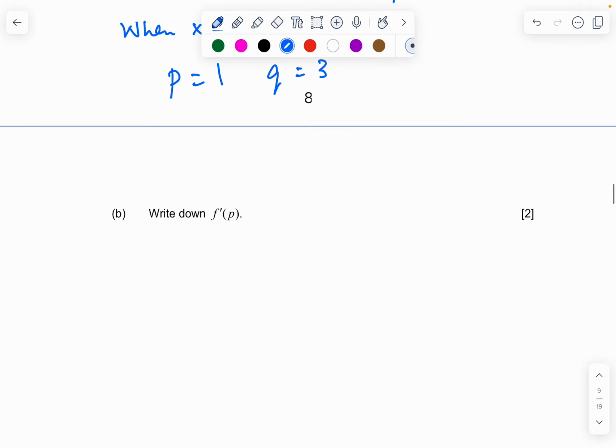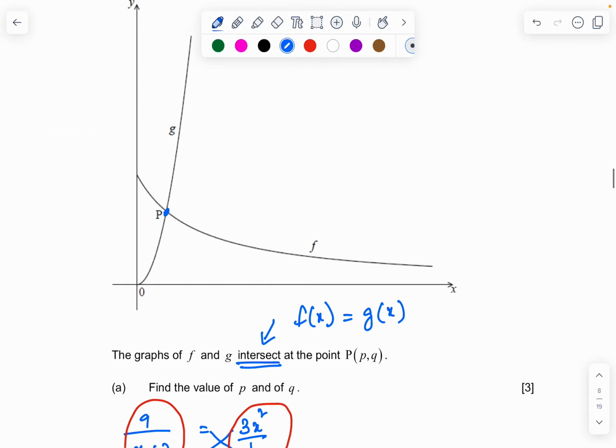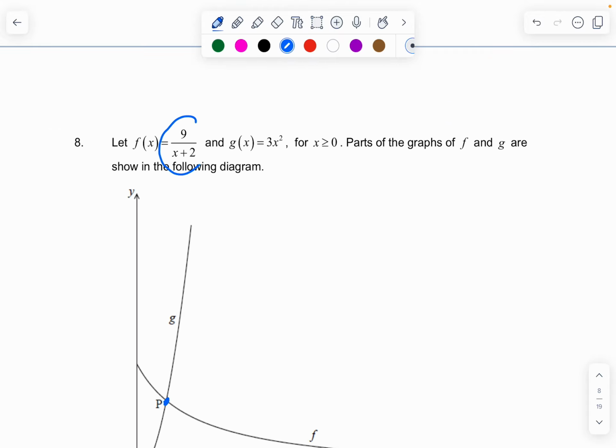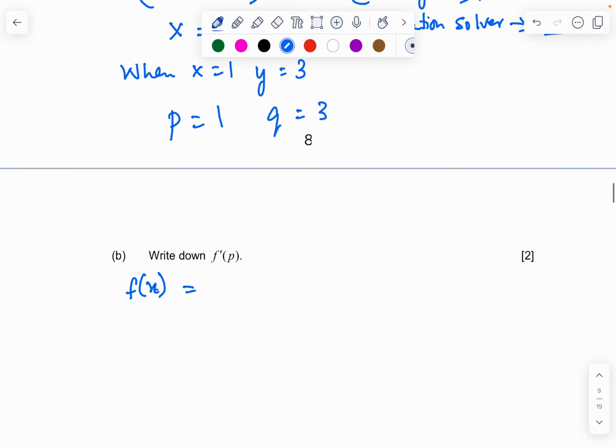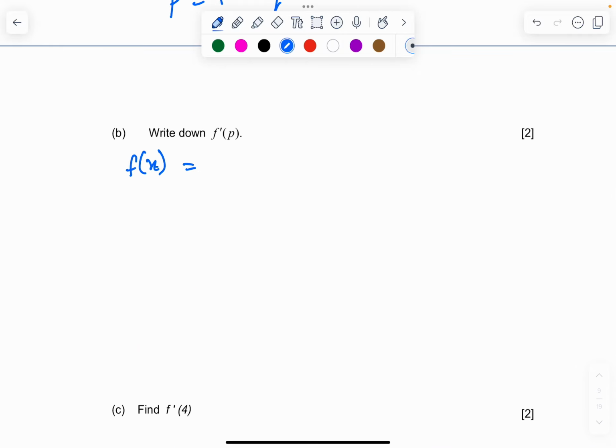Write down f prime of P. What is f prime of P? It is nothing but dy by dx, right? First we need to write f of x in the form x to the power of, you remember I always tell you. So I will write f of x as 9 times x plus 2 to the power of negative 1.